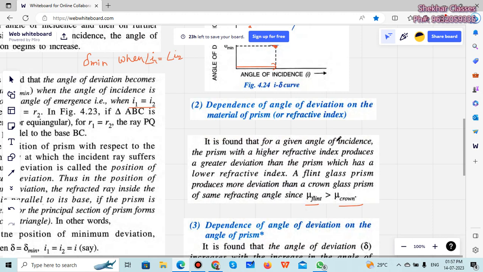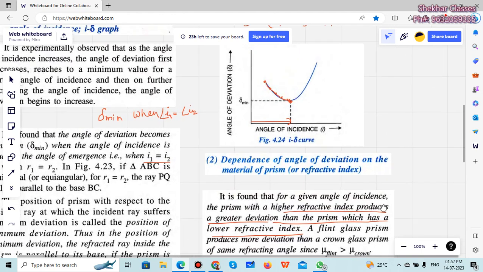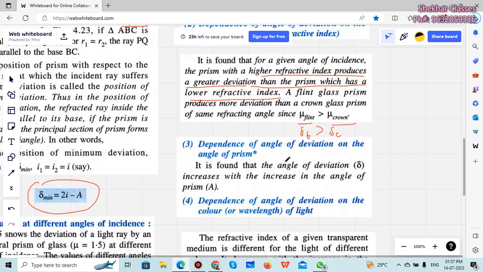For a given angle of incidence, the prism with a higher refractive index produces a greater deviation than the prism with a lower refractive index. Simple. So the deviation in flint is more than the deviation in crown. Is it clear? Very simple.